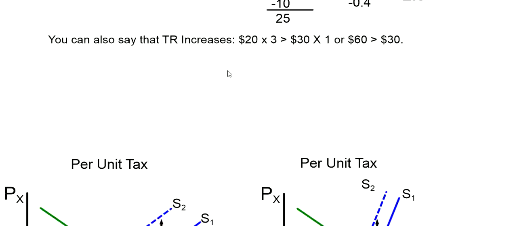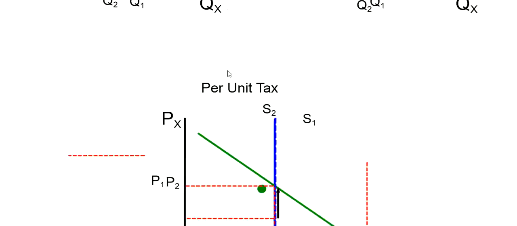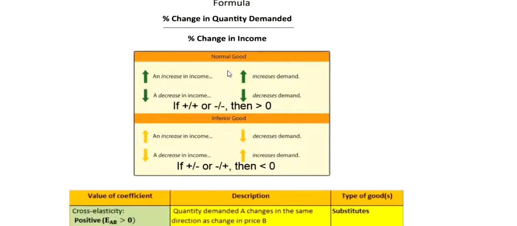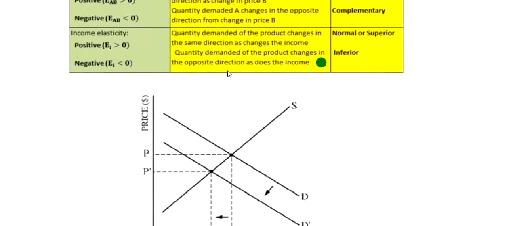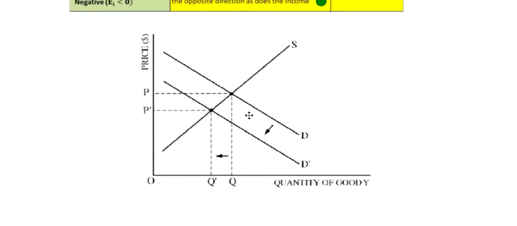That means when we draw our graph, we're going to show a leftward shift in the demand because it's going down. At every price, the quantity demanded is going to be less. So we have a shift left and down of the demand curve.